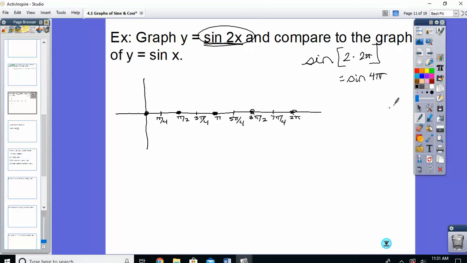If I plug in a pi over 4, 2 times pi over 4 is pi over 2. Sine of pi over 2 is 1. Okay, if I put in 3 pi over 4, 2 times 3 pi over 4 is 3 pi over 2. Sine is negative 1.